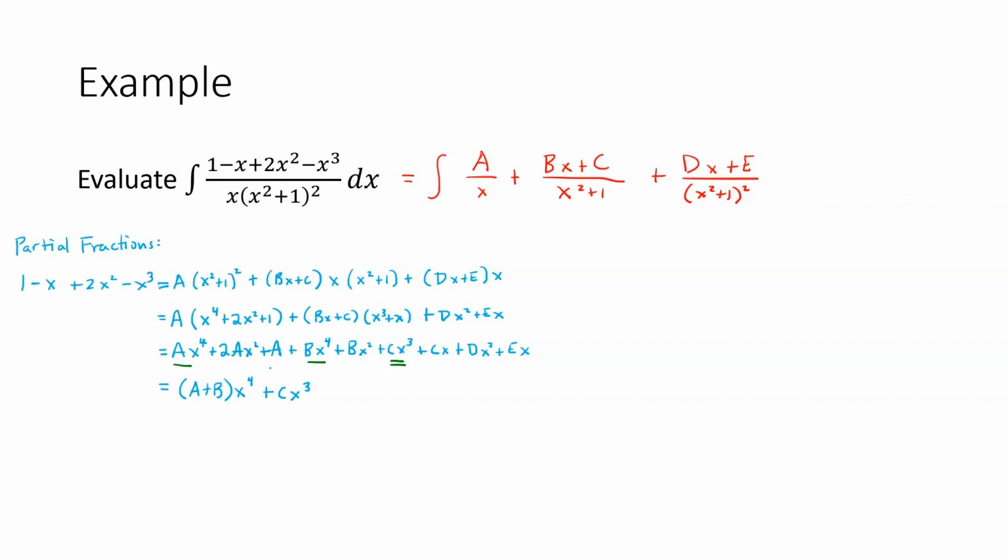And then we got some x squared terms here, and here, and here. So I'll combine those x squared terms. We have 2A plus B plus D.